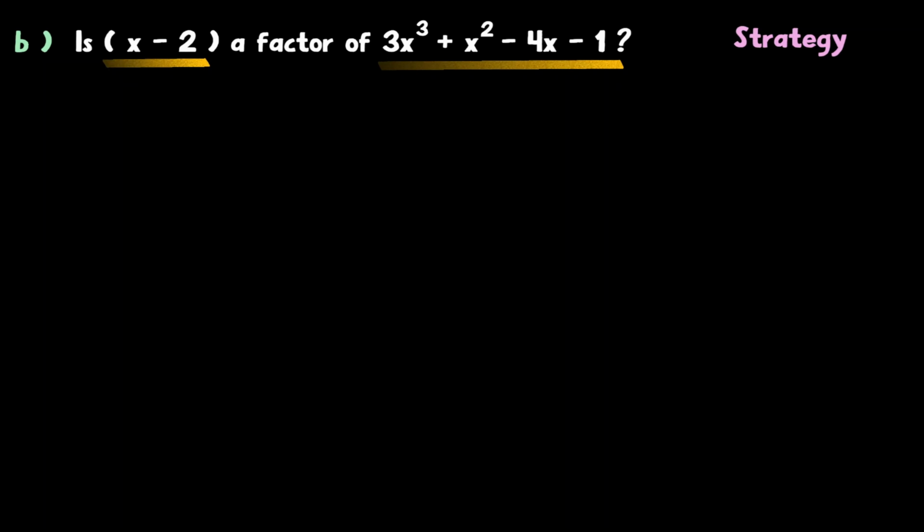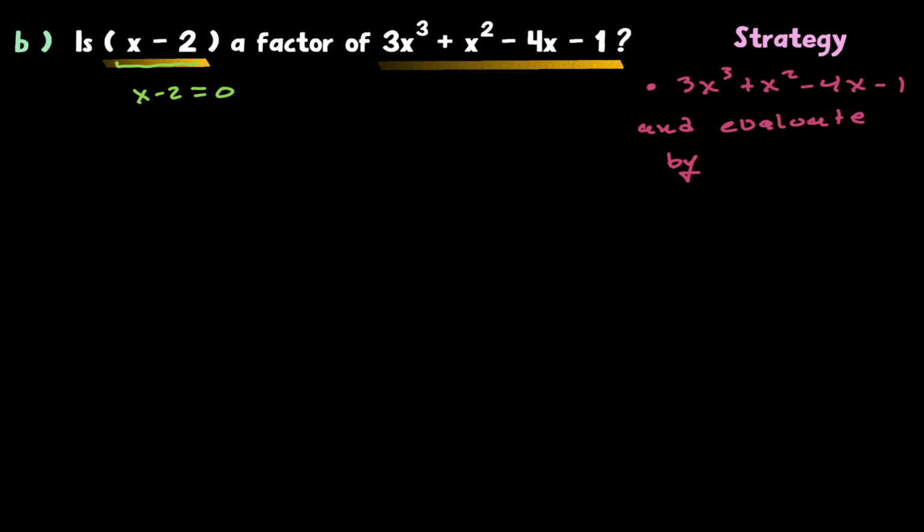But instead of doing that, let's take the expression 3x to the third plus x squared minus 4x minus 1 and evaluate it by the result that we would obtain if we set the possible factor equal to 0, which in this case is a value of 2. By doing this, we obtain the remainder way faster than long division or synthetic division.